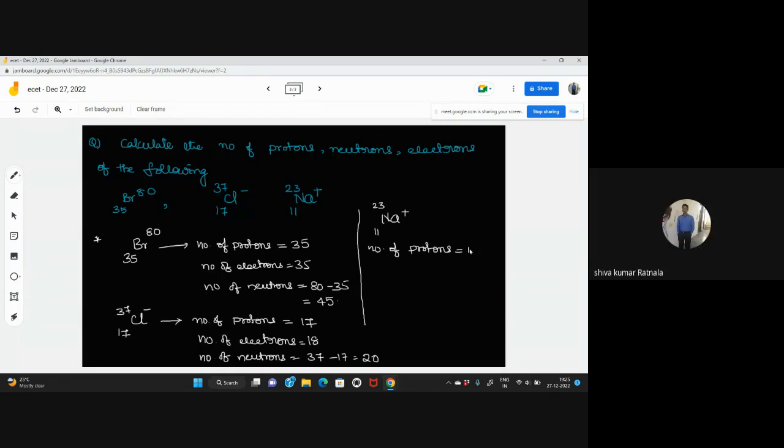Protons 11. Very good. Number of electrons? Number of electrons are 10, sir, because 11 minus 1. And number of neutrons? 12. Very good.